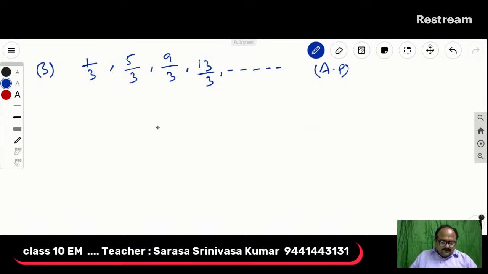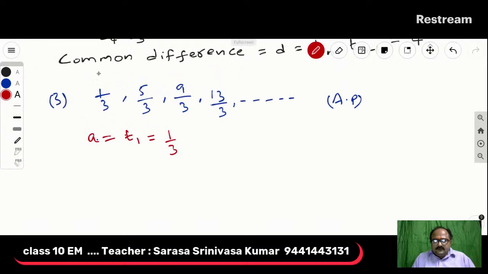By just observing this, we can understand that a equal to 1 by 3. That is the first term. I will write here, so that this is the first term, this is T2, T3, T4.